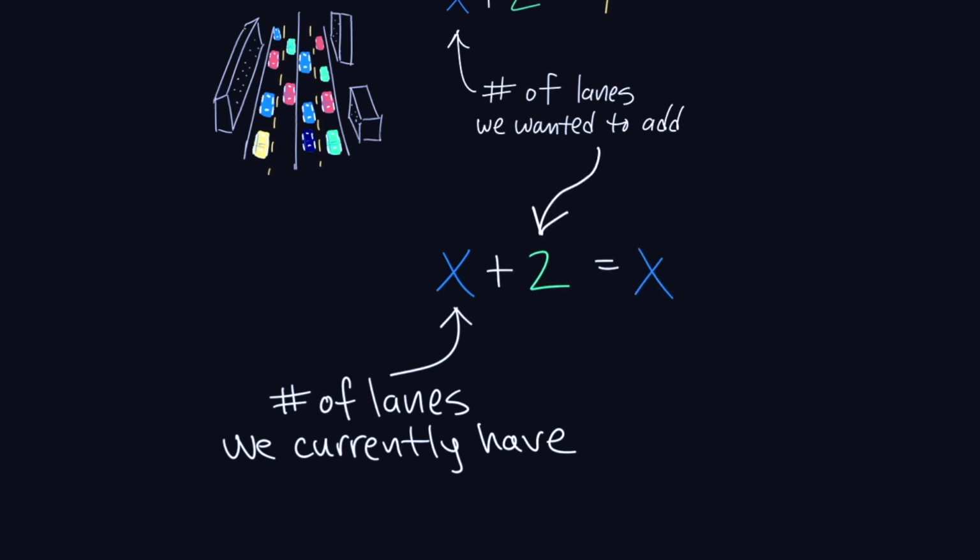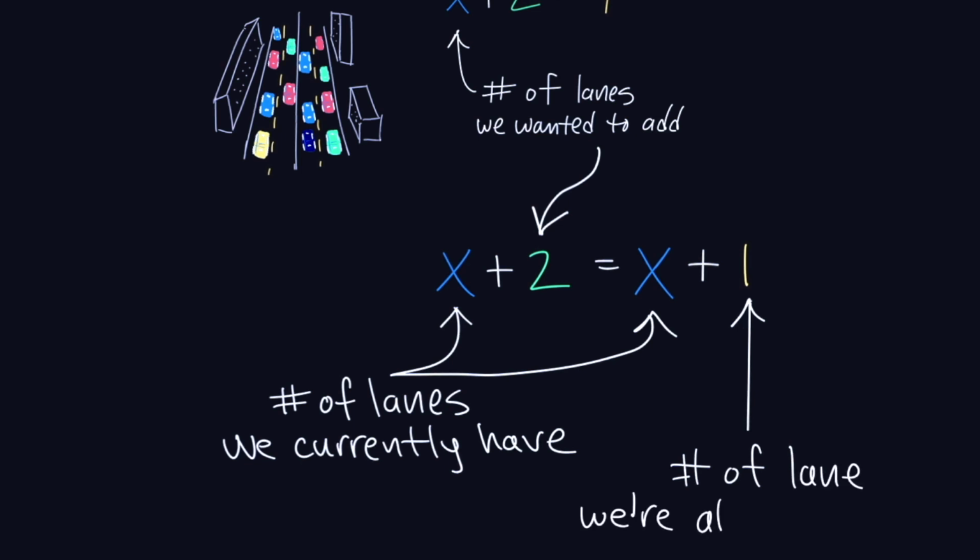Now I'm going to add x on the right side also. It's going to be part of an expression, and this expression equals the number of lanes that we are able to add. And so the x equals the same thing, the number of lanes that we currently have, and this 1 is going to equal the number of lanes we're able to add. So you can imagine that these buildings here only allow a certain amount of space, and so that limits what this number can be.